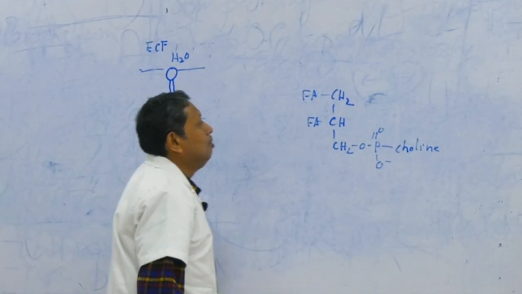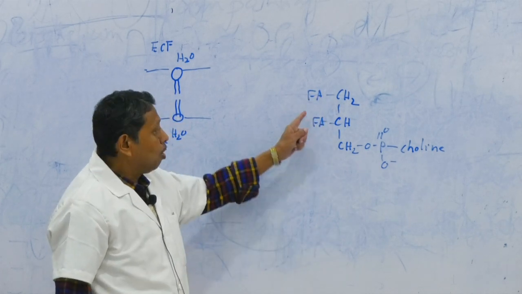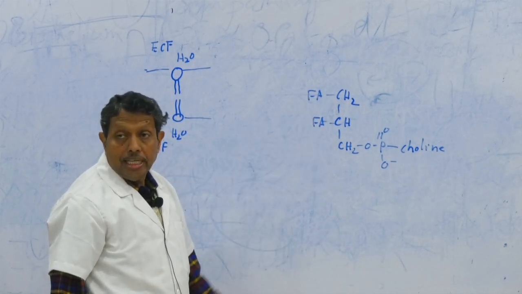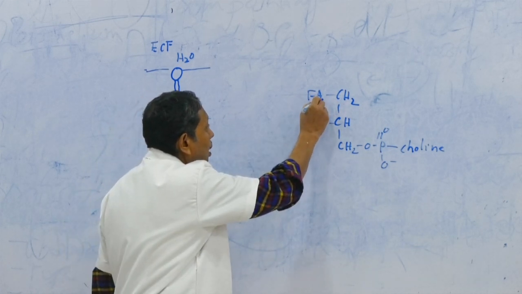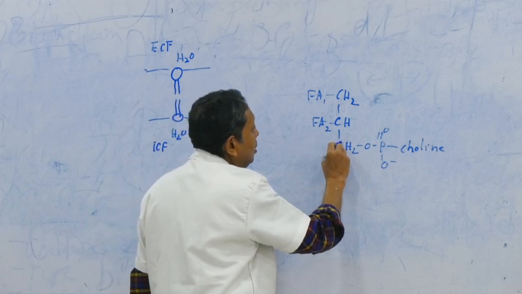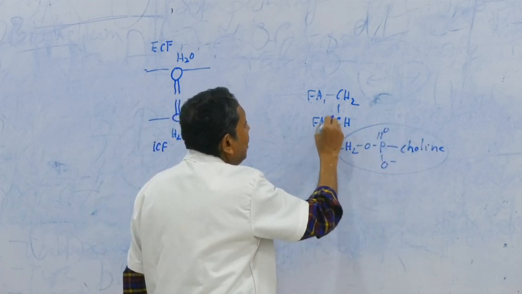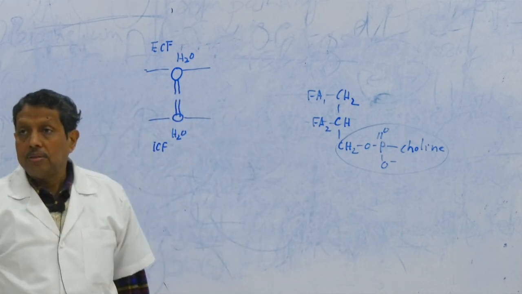This is the disposition there. It is in the ester form, not in the ether form. Fatty acid 1, fatty acid 2, and in this way. And this is the polar part. And these are long chain fatty acids, and they are the non-polar part.